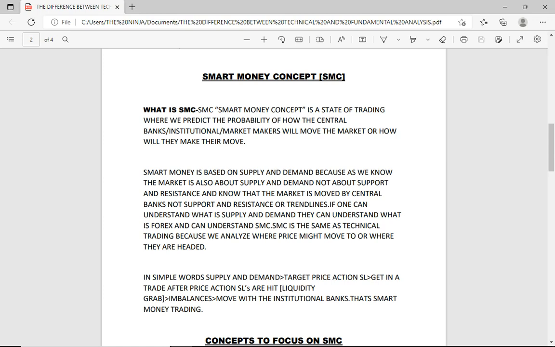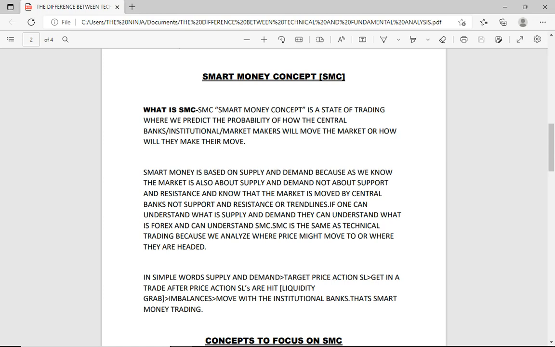So in simple words, let me simplify it. Supply and demand leads to targets, price action, stop losses. You get in a trade after price action, SLs are hit, then in other words, a liquidity grab, then go to imbalances, move with the institutional banks.